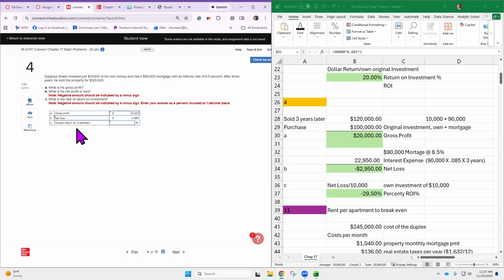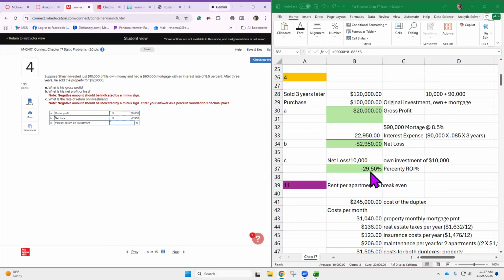And then the percent return on investment. Just because you have a net loss doesn't mean you can't figure the return on it. It's just a negative return. So in fact, if you take the net loss and you divide by his own money of $10,000, you get a negative 29.50%.